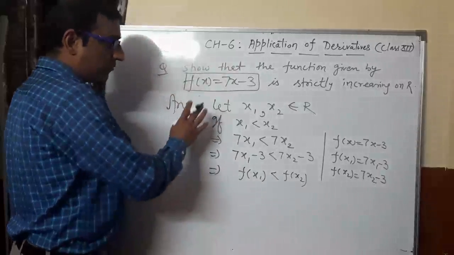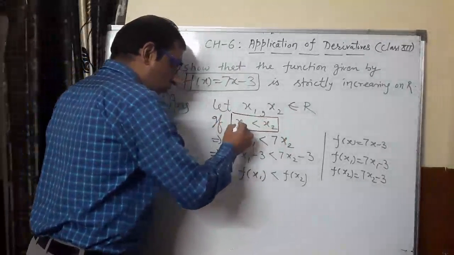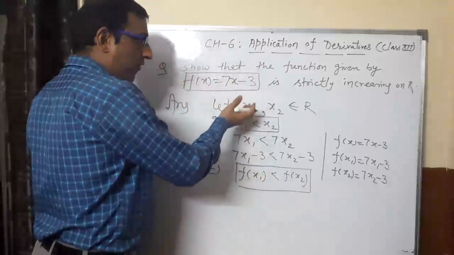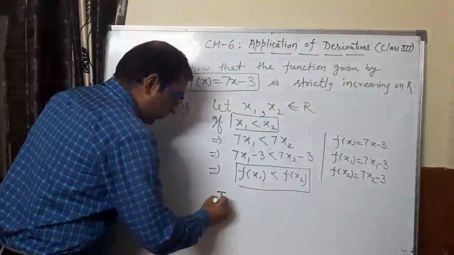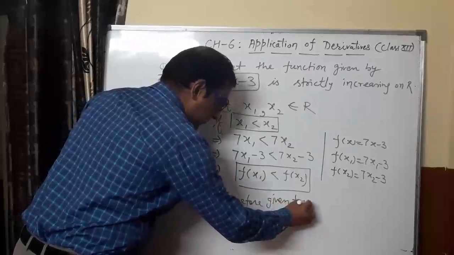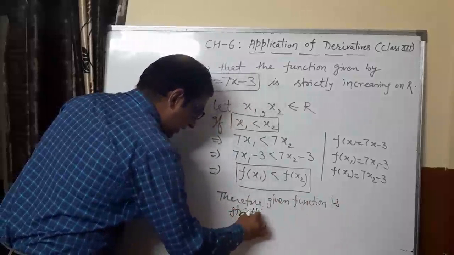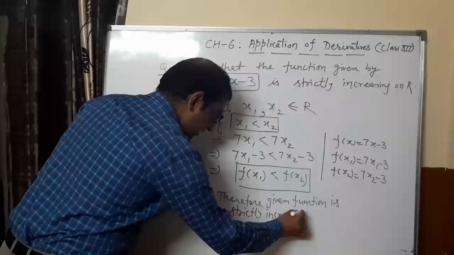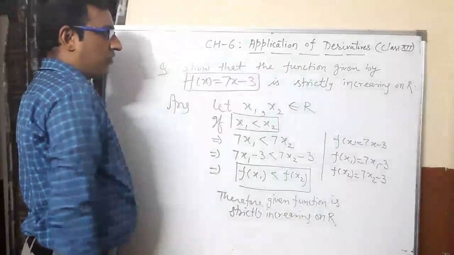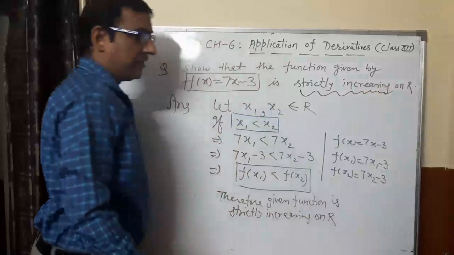It means, as per the definition of an increasing function, if x1 is less than x2, then f(x1) is less than f(x2) for every x1, x2 belongs to R. Therefore, the given function is strictly increasing on R. It means this type of function fulfills the condition for being strictly increasing.